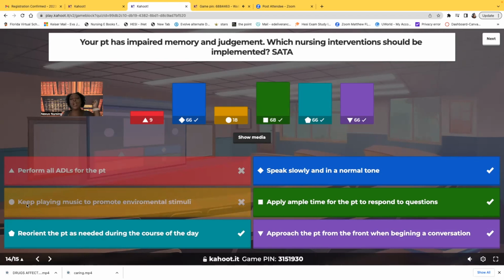I don't have neurocognitive deficits, and I'm not trying to hear music all day and all night. That's going to drive somebody crazy. That's torture. So that word keep, that's what should have made you say, wait a minute, that's wrong. Because keep music playing all day, all night, that's torture. Absolutely not.